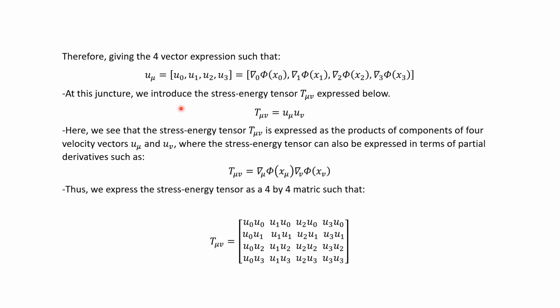At this juncture, we introduce the stress-energy tensor expressed below, which is made up of the products of 4-vectors. The stress-energy tensor is expressed as a product of components of the 4-velocity vectors, which I just stated, and it can also be expressed in terms of partial derivatives.